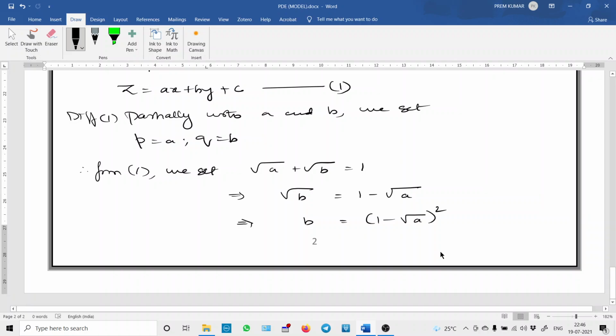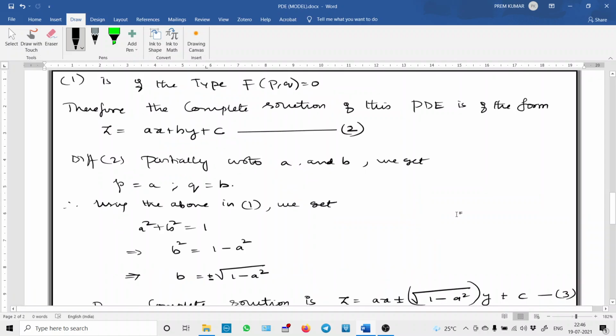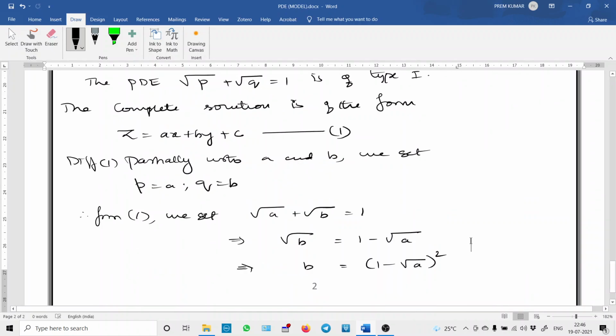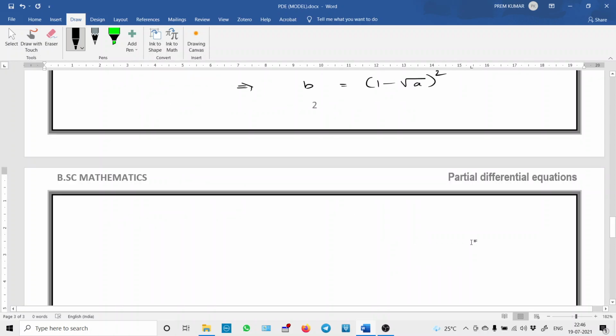So we found the relationship between a and b.